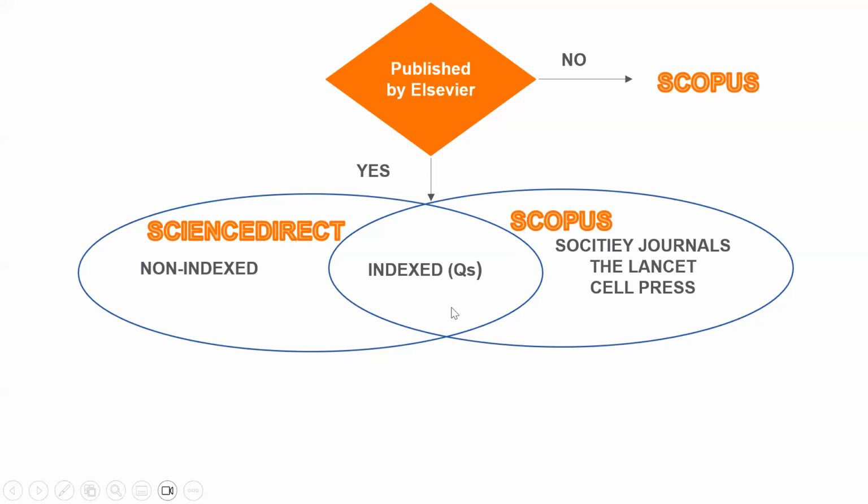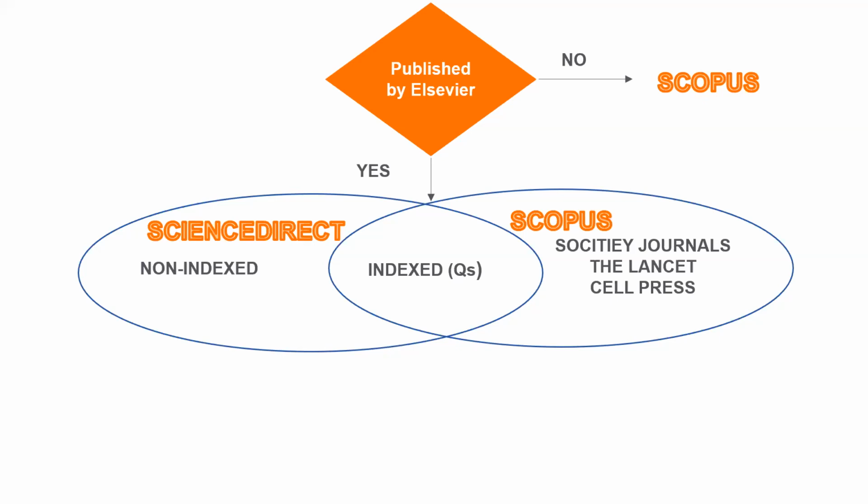And we have a common area here, an overlap between the journal titles that can be found in Scopus and Science Direct. Or if I'm looking for other premium journals like society journals, The Lancet, Cell Press, I can go to Scopus. Or if I'm looking for any other kind of journal that may not be indexed in Scopus, I can find it in Science Direct.